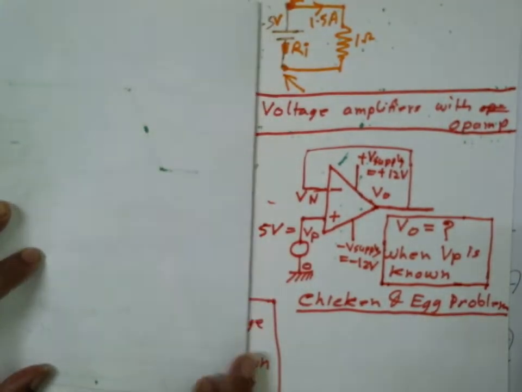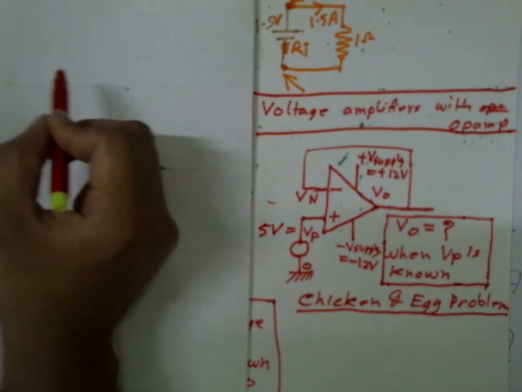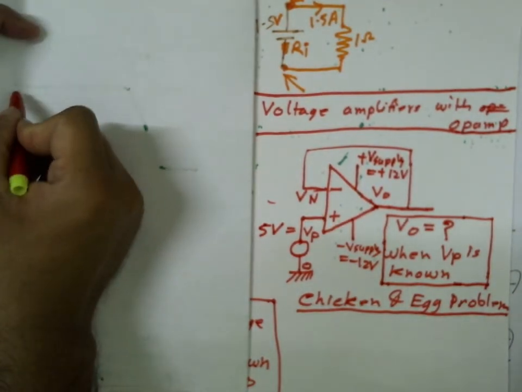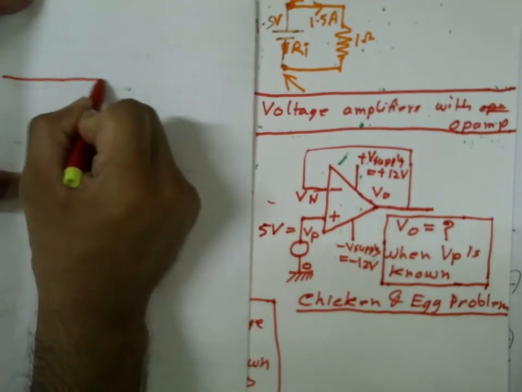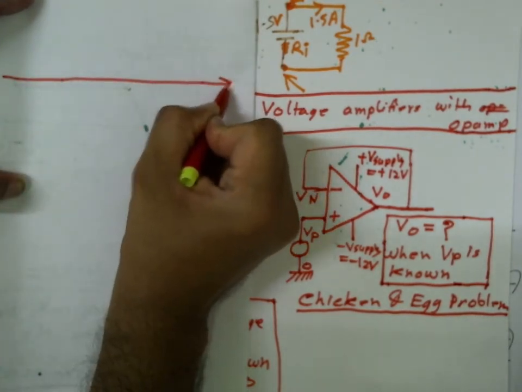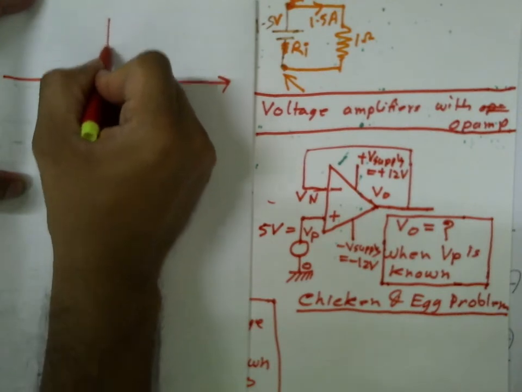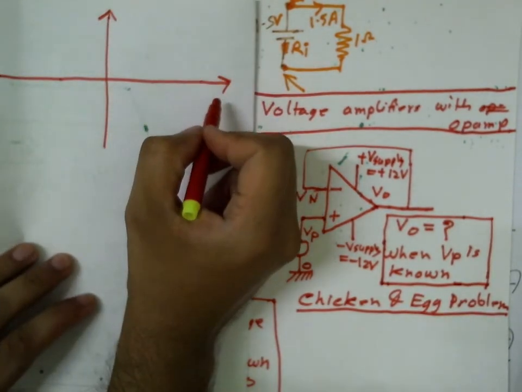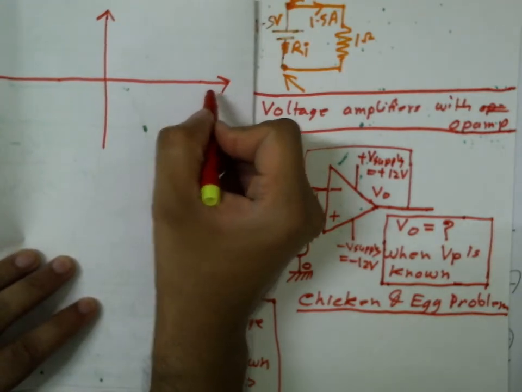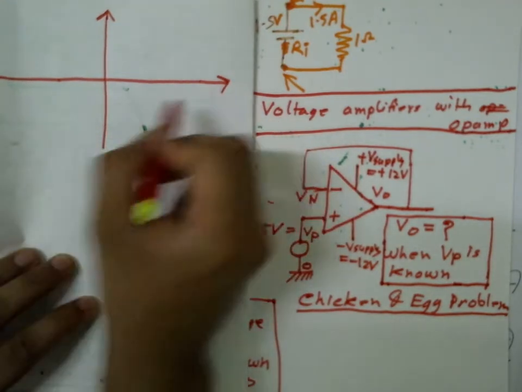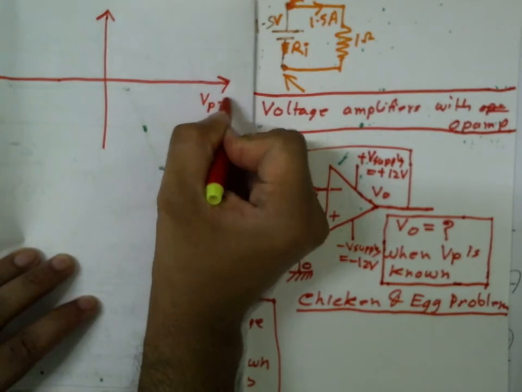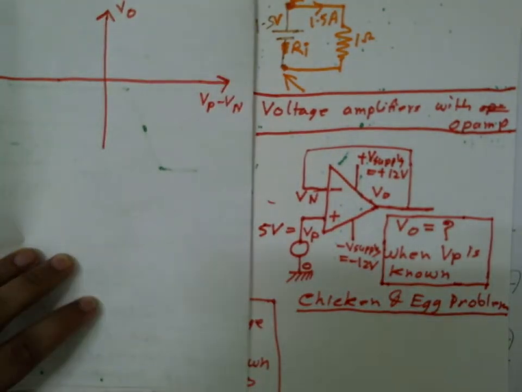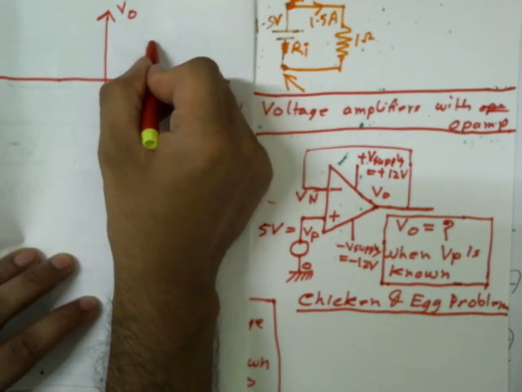Okay, let's do it here. We have to use the static characteristic to answer this question. So what was the static characteristic? Static characteristic was this curve where we have input versus output of an op-amp. Y-axis is output and x-axis is the difference of the two inputs. So this is Vp minus Vn and this is output Vo, right? And we saw that this curve looks like this.